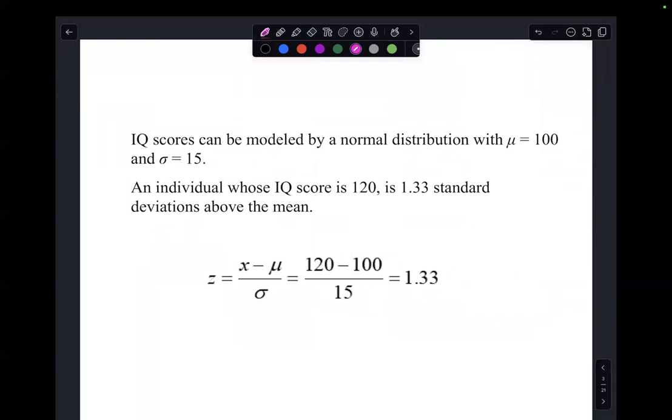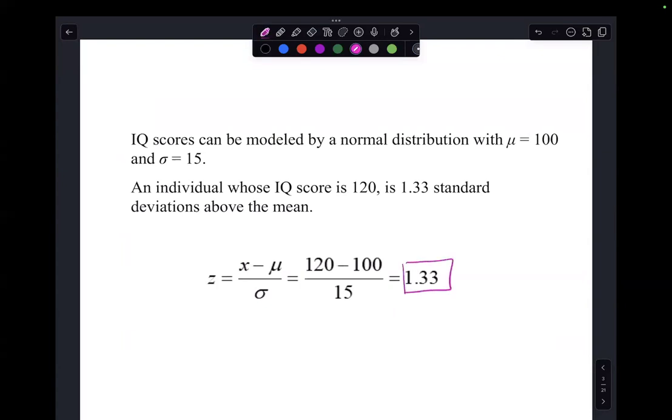Okay, so IQ scores can be modeled. They have a normal distribution with mean of 100, standard deviation of 15. So we're just finding the z-score of an IQ score of 120. When we calculate the z-score, we get 1.33.